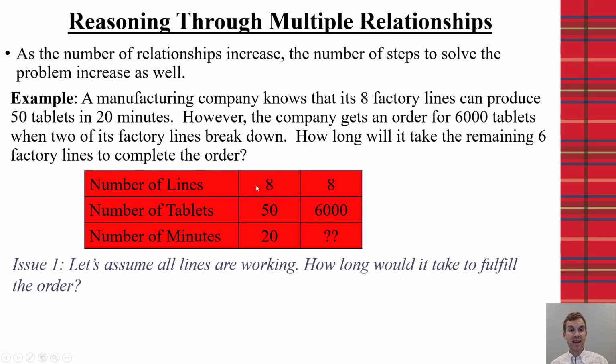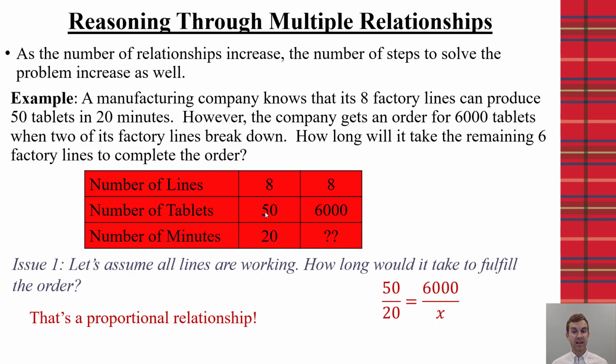That now, because I haven't changed the number of lines, will become a proportional relationship. I'm looking and saying, how do I go from 50 to 6,000 and proportionally from 20 to some other amount of minutes? I can set up that proportion, I can cross multiply, divide, and simplify that so that I would find that it would take 2,400 minutes to create the 6,000 tablets if all 8 lines were working.